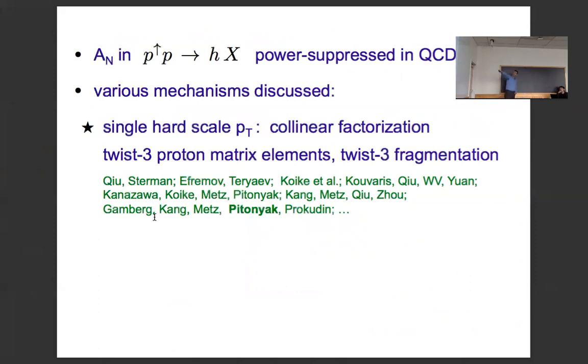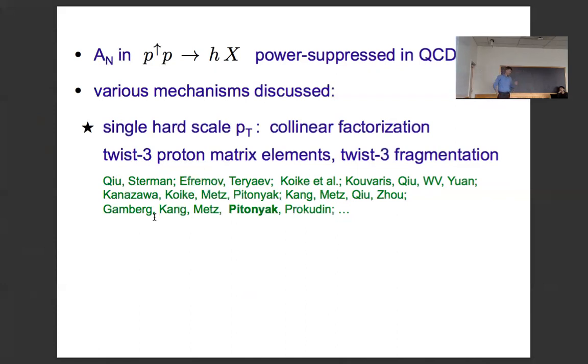Clearly, these are processes with a single hard scale P_T that should be formulated in terms of collinear factorization. That's really what we use here. And as it was found by Jian-Wei and George many, many years ago, these processes can be formulated theoretically in terms of twist-three matrix elements in the proton, but also in the fragmentation process.